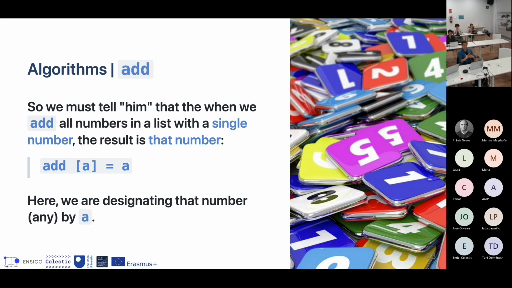It can represent 1 or 2 or 3 or 4 or whatever number. It's general, okay? So here we are designating that number, which can be any number, by A, and we are saying, computer, if you have a list with a single number A, the result is going to be A. Okay, now what do we do next?